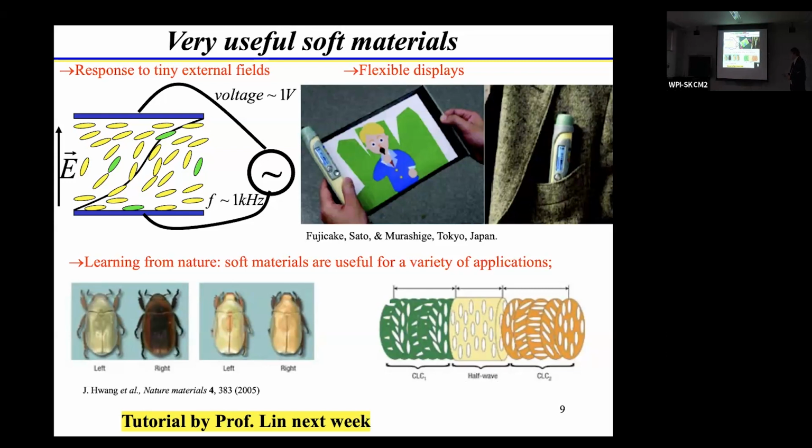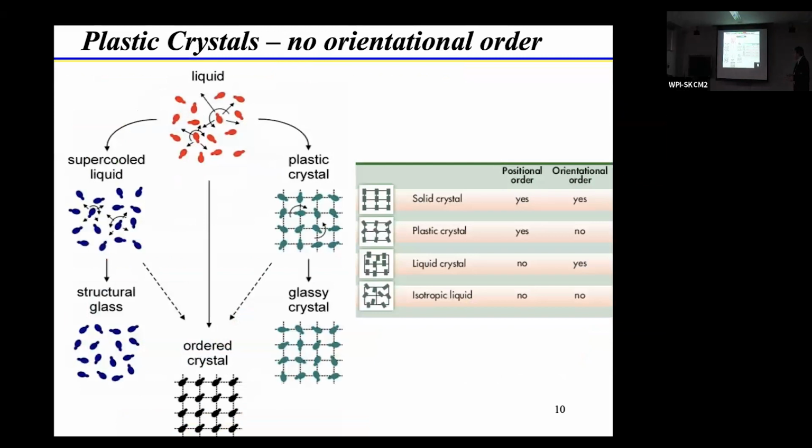And so next week we'll have 4 tutorials on applications of liquid crystals, right, where you will see how many useful things can be done with liquid crystals overall and chiral liquid crystals in particular. And I guess the focus will be on engineered materials in that case.